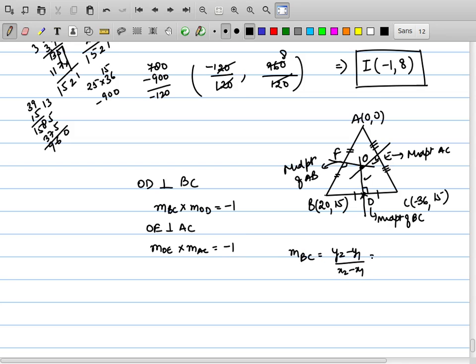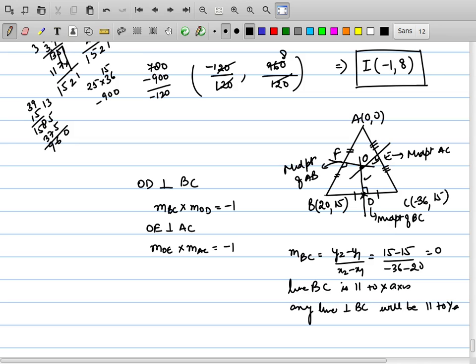So we can use any of the points. 15 minus 15 upon 20 minus of minus 36. This is 0. Now this 0 means line BC is parallel to the x-axis. Therefore any line perpendicular to BC will be parallel to the y-axis.